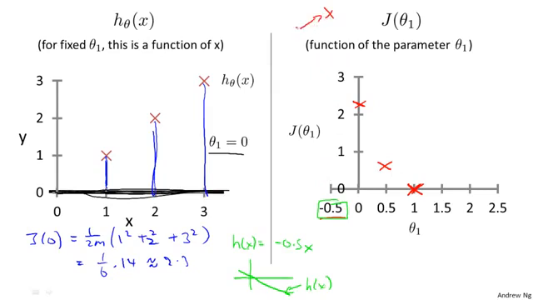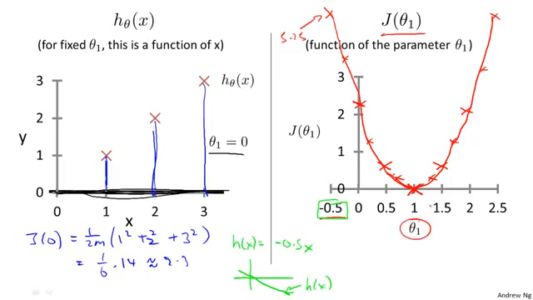It works out to be something like 5.25 and so on. And for different values of theta 1, you can compute these things, right? And it turns out that you compute a range of values, you get something like that. And by computing the range of values, you can actually slowly trace out what this function J of theta looks like. And that's what J of theta is.